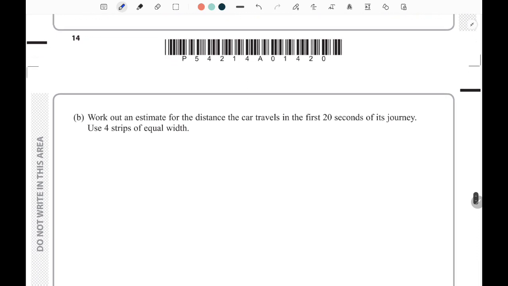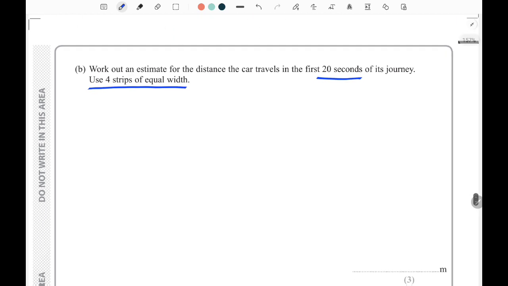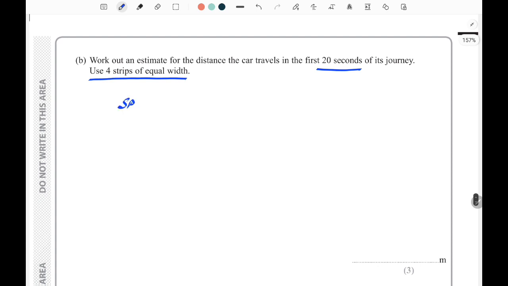Then it says work out an estimate for the distance the car travels in the first 20 seconds of its journey. And it says use 4 strips of equal width. So they're actually giving you a hint and a pointer, okay? Distance on a speed time graph.